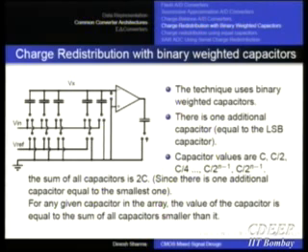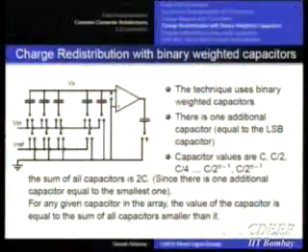This thing actually combines, by the way, all successive approximation register architectures then combine D2A with A to D. This is one of the reasons that I have not made such a big distinction between D2A and A to D. So when you are constructing an A to D, you must also construct a corresponding D2A. One of the ways of doing this is to do it with binary weighted capacitors. So let's look at this particular technique.